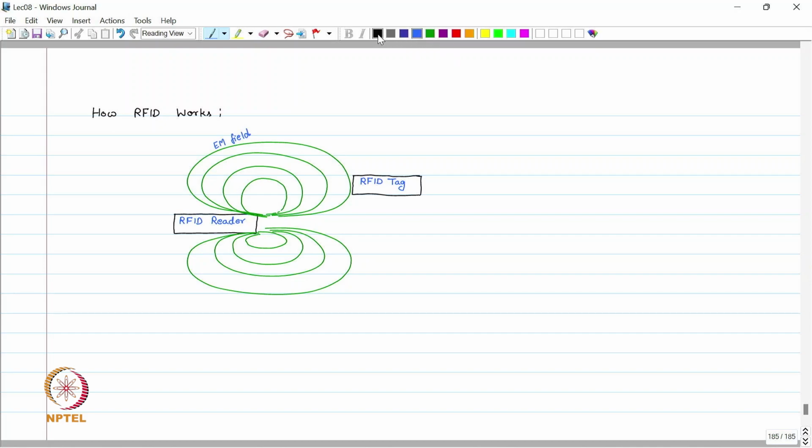this RFID tag contains a special structure which can pick up this RF energy from the electromagnetic field.